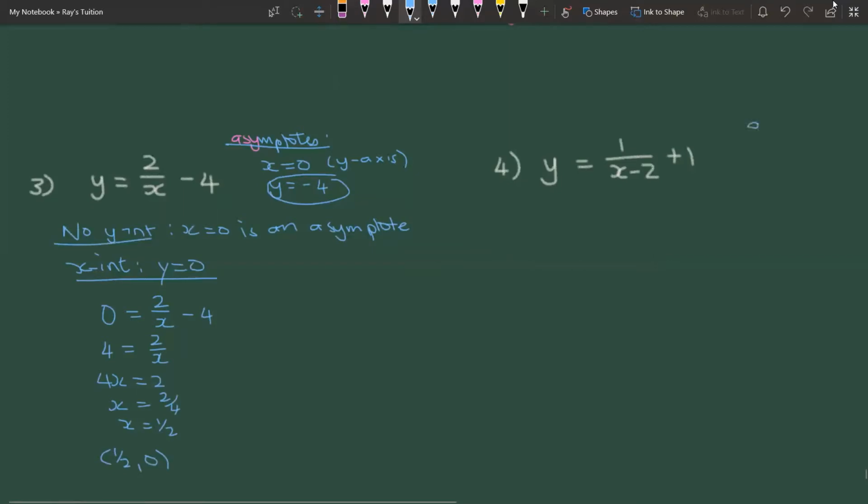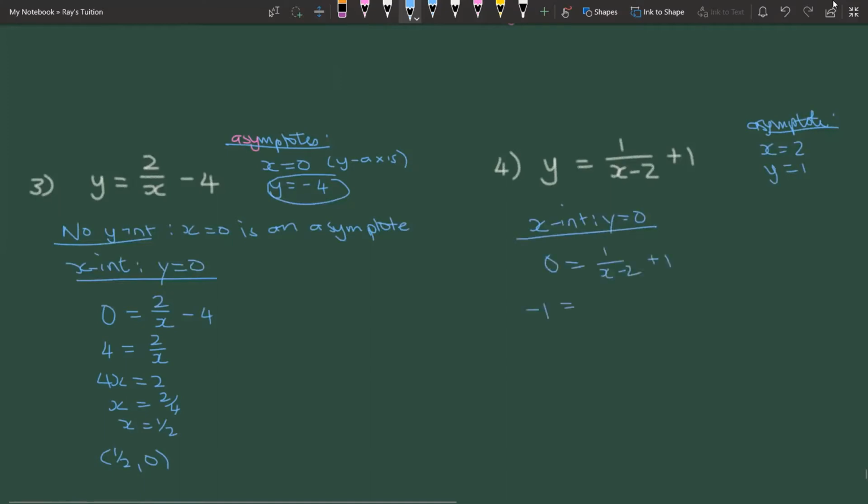Let's have a look at this one over here. Our asymptote is x is equal to 2. Remember to change the sign for the 2. And y is equal to 1. We don't change the sign for y. So this one here, there's no problem with either of our intercepts. We'll have both an X and a Y-intercept. To get our X-intercept, we make Y equal 0. So we have 0 is equal to 1 over X minus 2 plus 1.